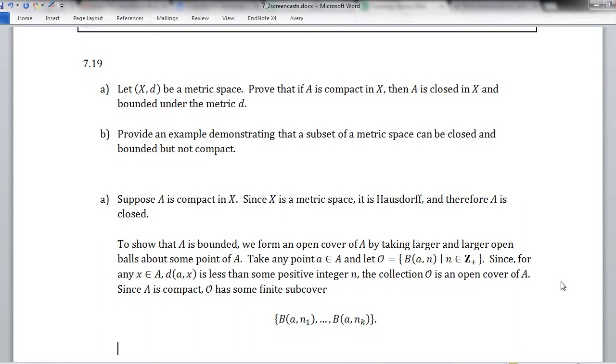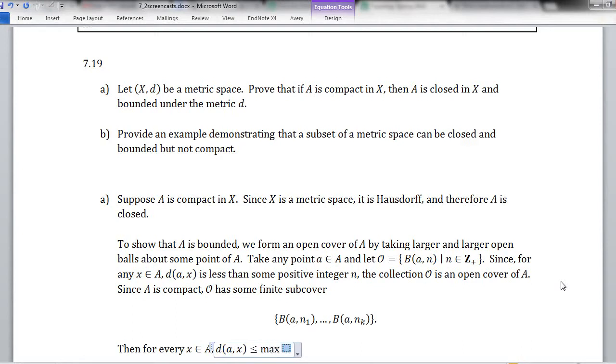And, okay, well, look, one of those is biggest, right? And all the other ones are contained in the biggest one. And it's a cover of A, so for every x in A, the distance from a to x is less than or equal to, well, whichever of the n sub i's is biggest, right?